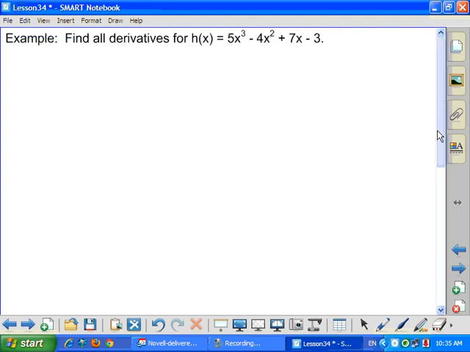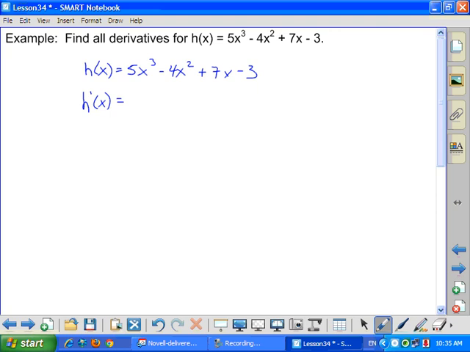Yep, find all derivatives. So all derivatives means we got to take this down to 0. So h of x would equal 5x cubed minus 4x squared plus 7x minus 3. So basically it is keep taking derivatives until h of whatever prime is equal to 0.